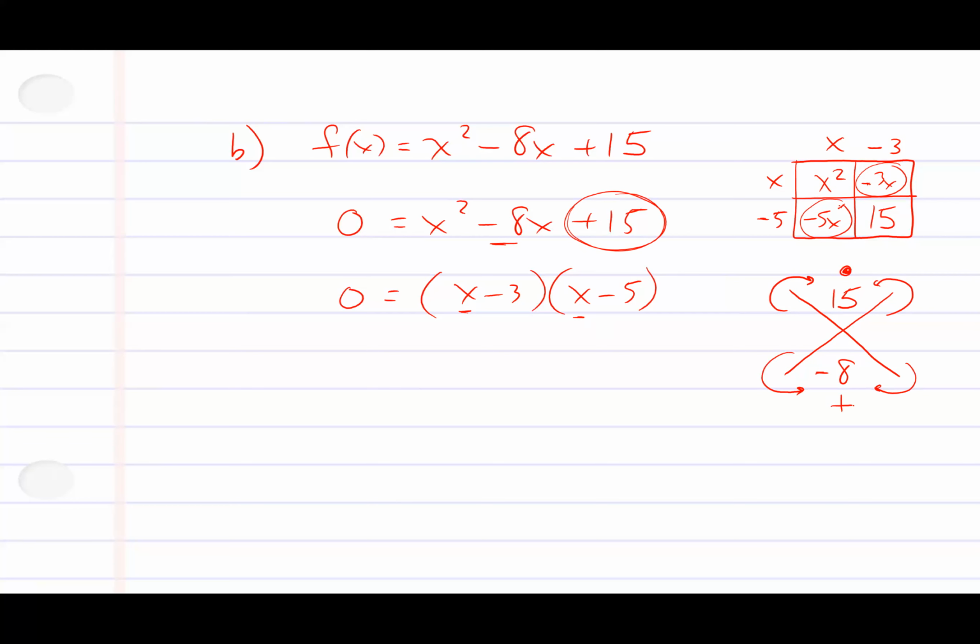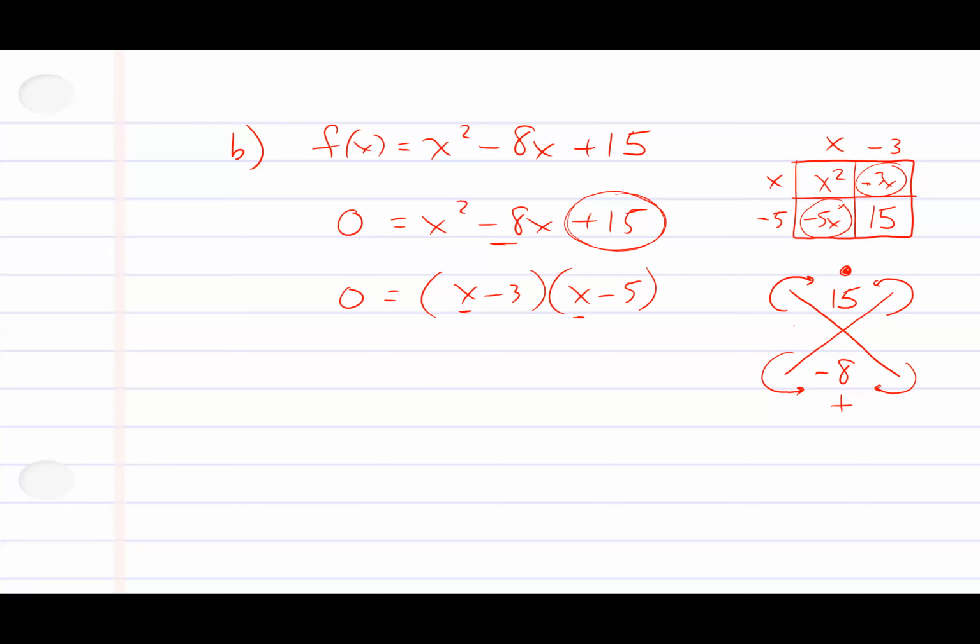I know both of them have to be negative, right? -5, -3. It's the same exact process, with a little less writing things down, I think, because you don't have to make the box and then put things in the box.